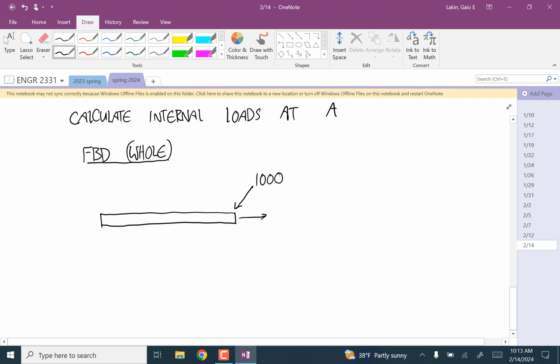You have the 500 Newton meter couple here. And this is a fixed joint. So we know we have an unknown force vector here counteracting any forces along the beam. So I'll call this R.